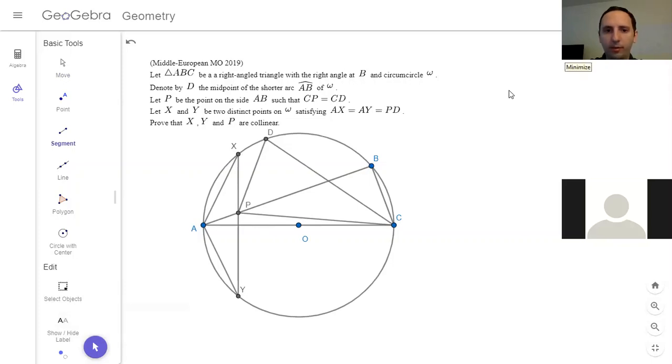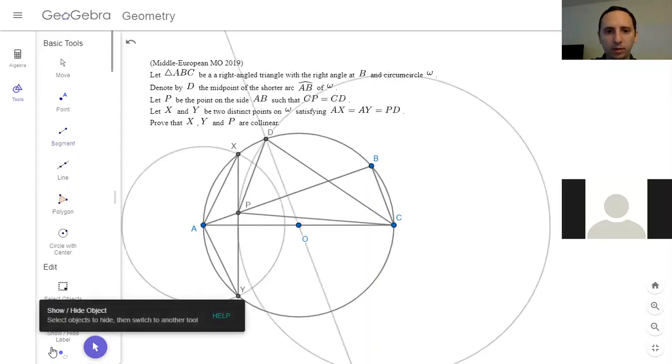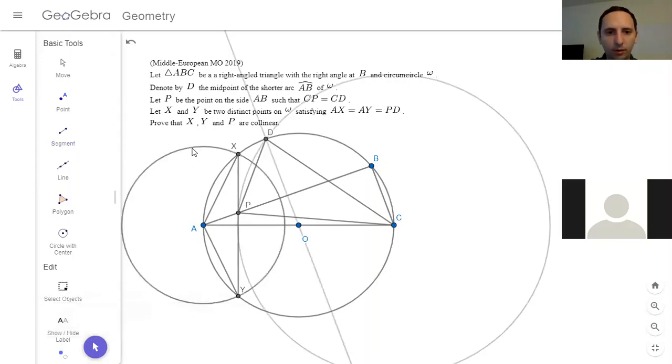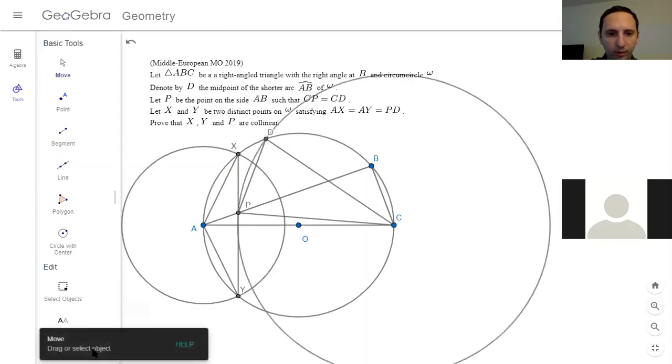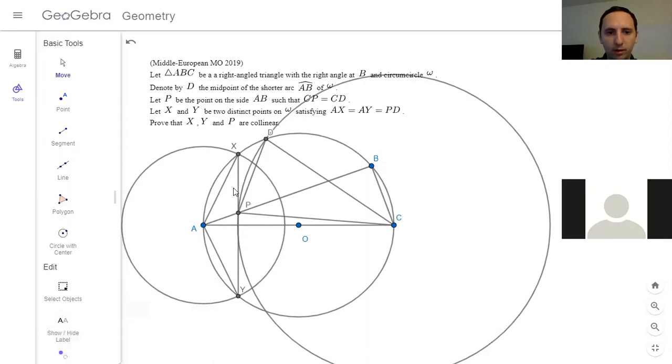Maybe you can show the powers of P with respect to these circles are equal. Let me draw this circle, unhide these circles. It looks like XY is tangent to the circle.